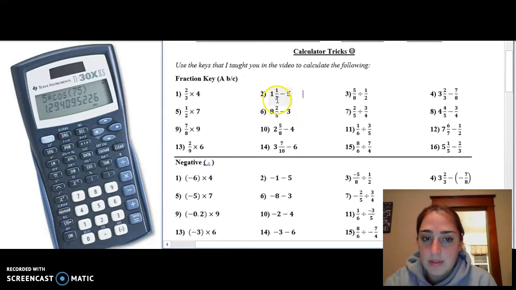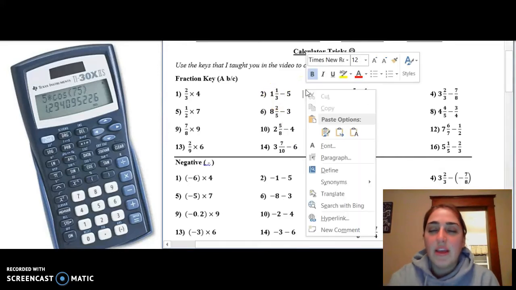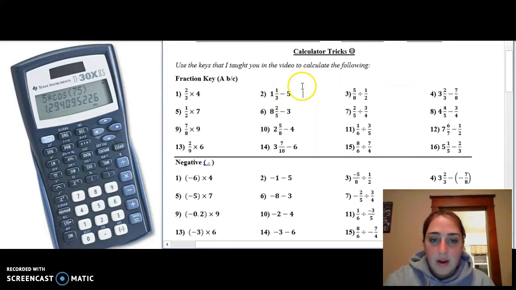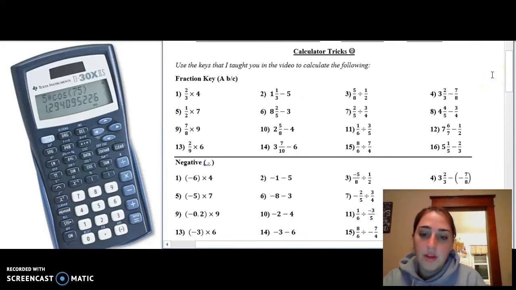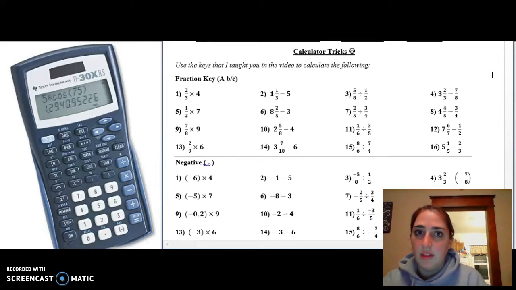Number 2 is a little bit different. For this one, because you have 1 and 1/3, there's kind of like different parts to that fraction. You have 1 and 1/3. So you're going to do 1, ABC key, 1, ABC key, 3.